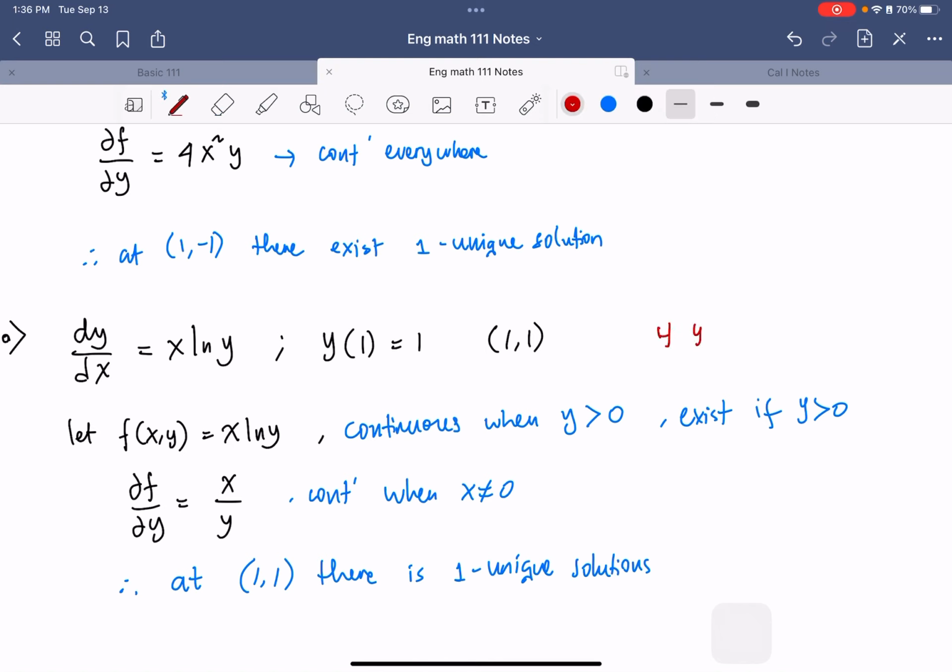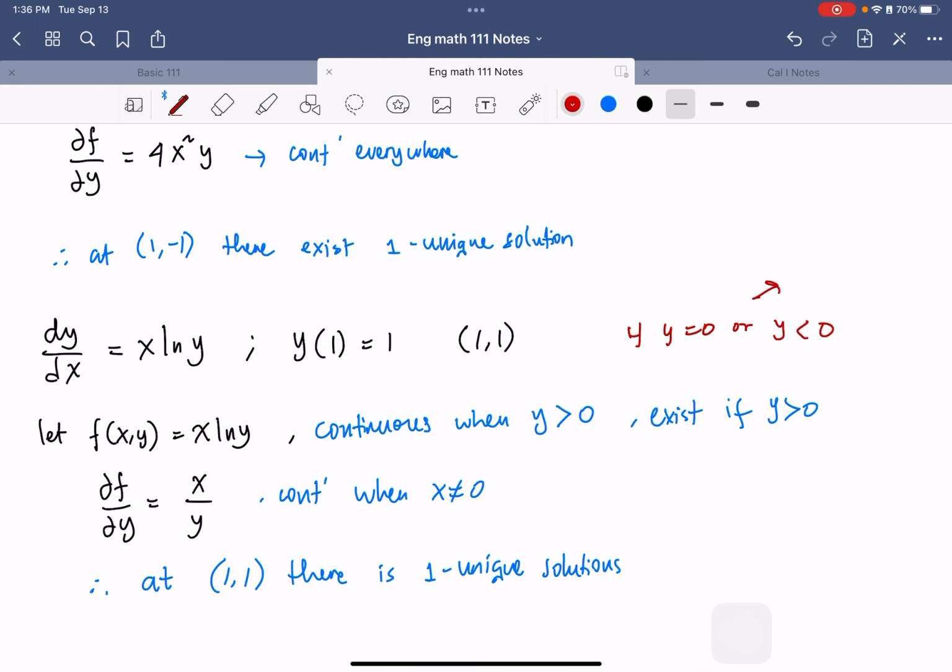If y is 0 or y is less than 0, then it's not guaranteed to exist.